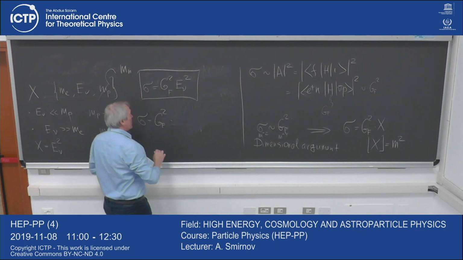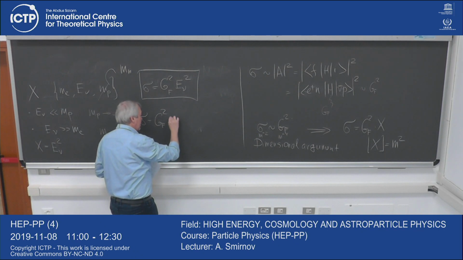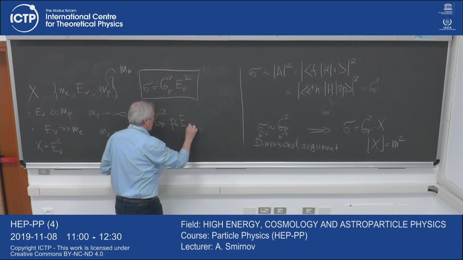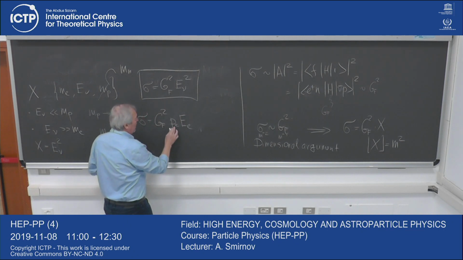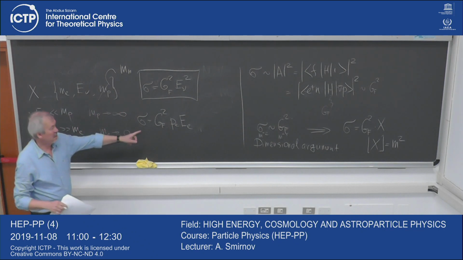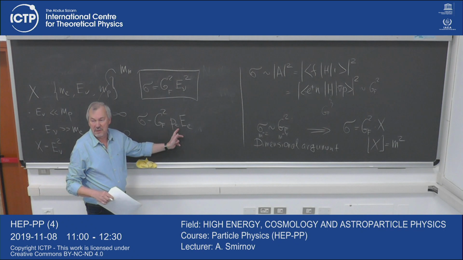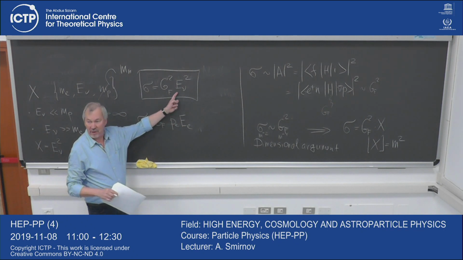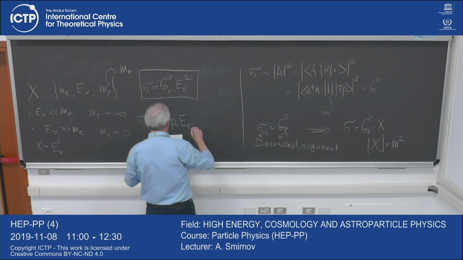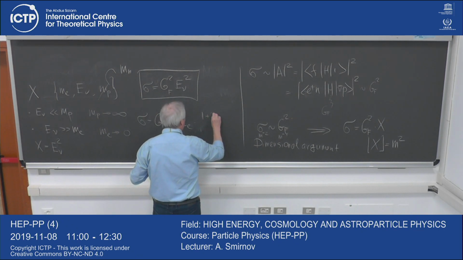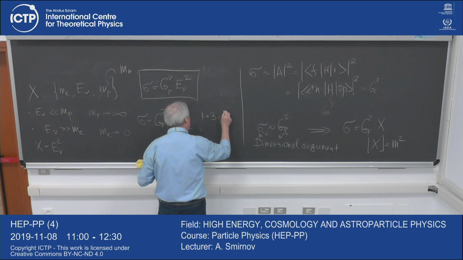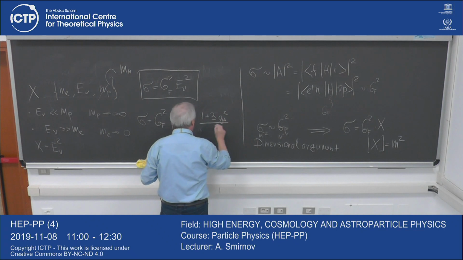Now instead of energy, what is written is the momentum of the electron and the energy of the electron. In the approximation when I can neglect the difference, this is essentially the energy of the neutrino, and I have here the energy of the neutrino. And that should be multiplied by the following factor, 1 plus 3 G_A squared over pi.